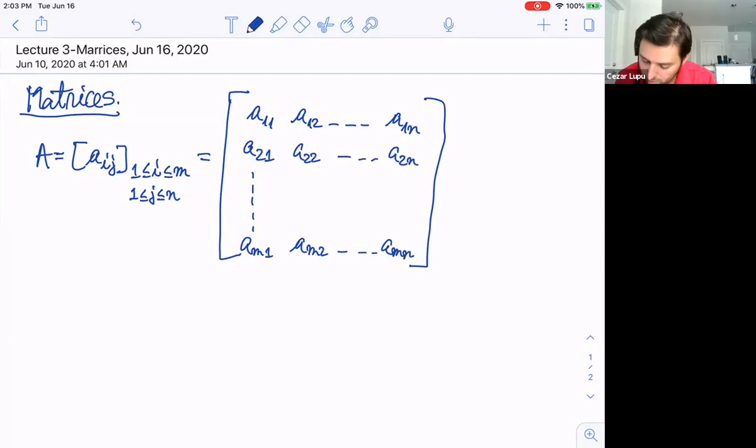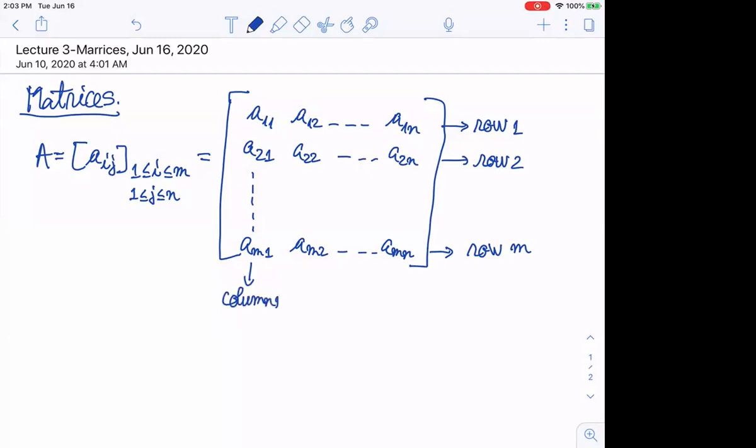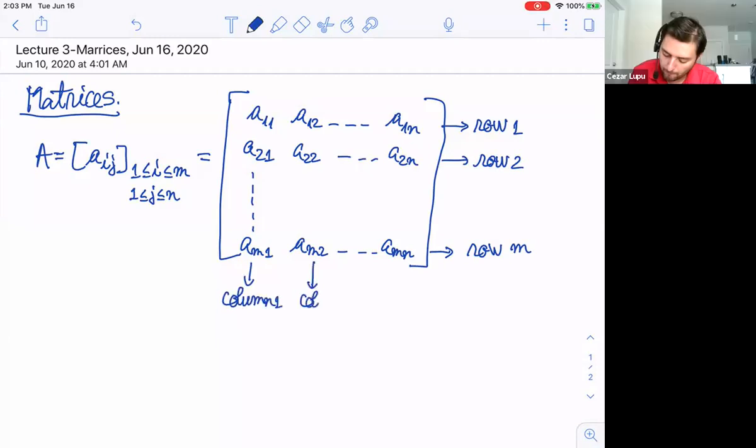As you can see here, this is what we'll call row 1, the first row. This will be the second row, and this will be row m. And these entries here will be column 1. This is column 2. And all the way, this is column n.